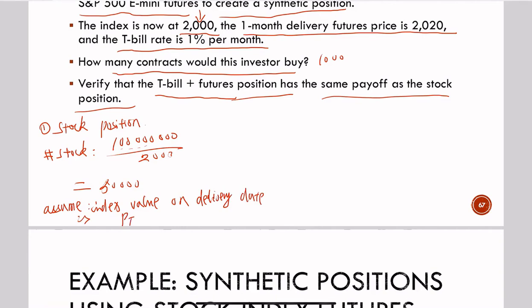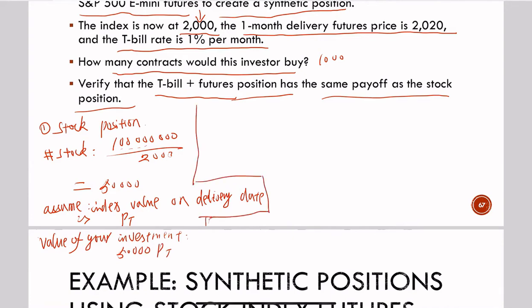So you can see that in this case, the value of your investment should be 50,000 times PT.